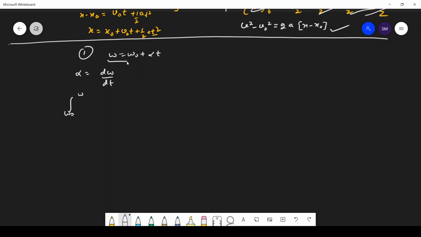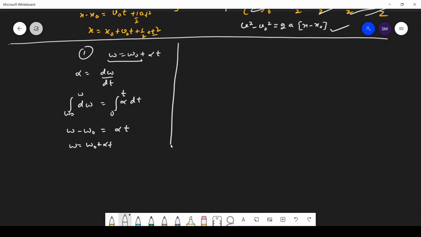So definitely you are going to need the formula, d omega is equals to alpha dt, and integrating both sides from 0 to t. From here I get omega minus omega naught, and from here I get alpha t. So omega is equals to omega naught plus alpha t.